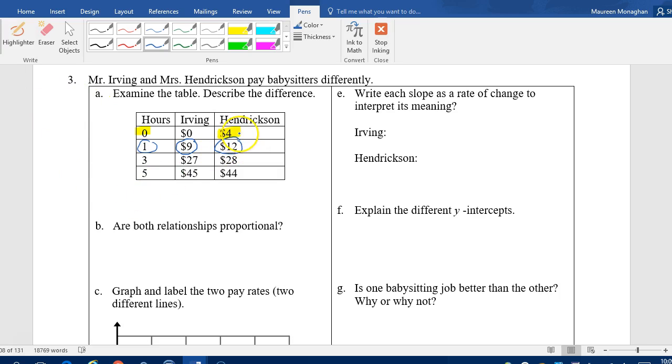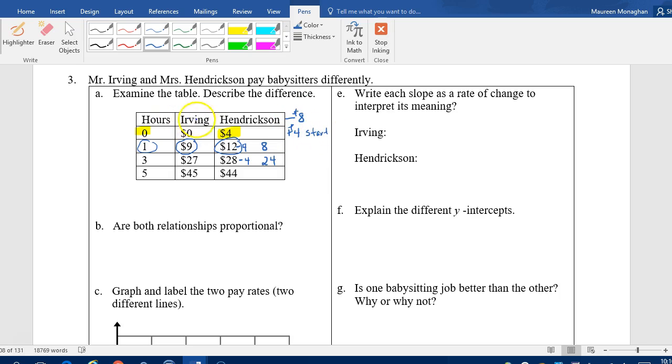But then it looks like for 3 hours, if you take the initial fee, that means you're going to get $24 per 3 hours. If you take away the initial fee, you're going to get $8. So my bad, Henriksen pays $8 an hour plus the $4 start fee.